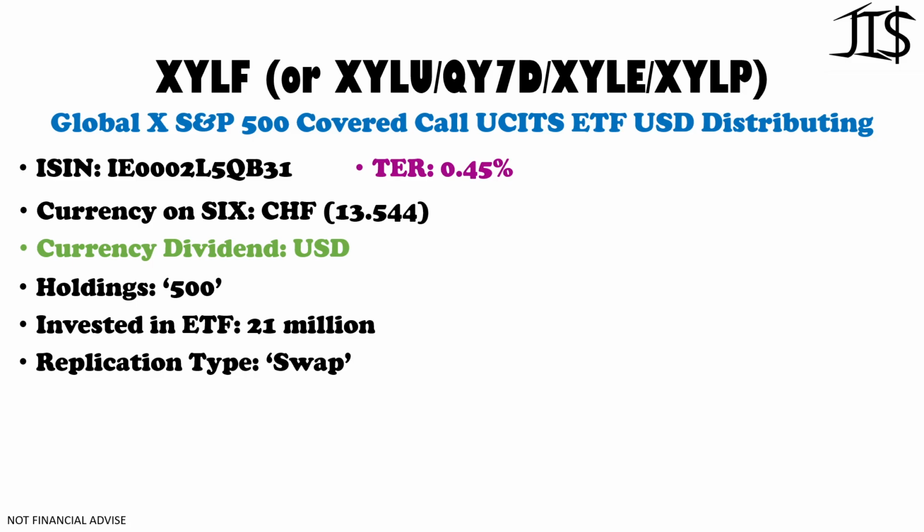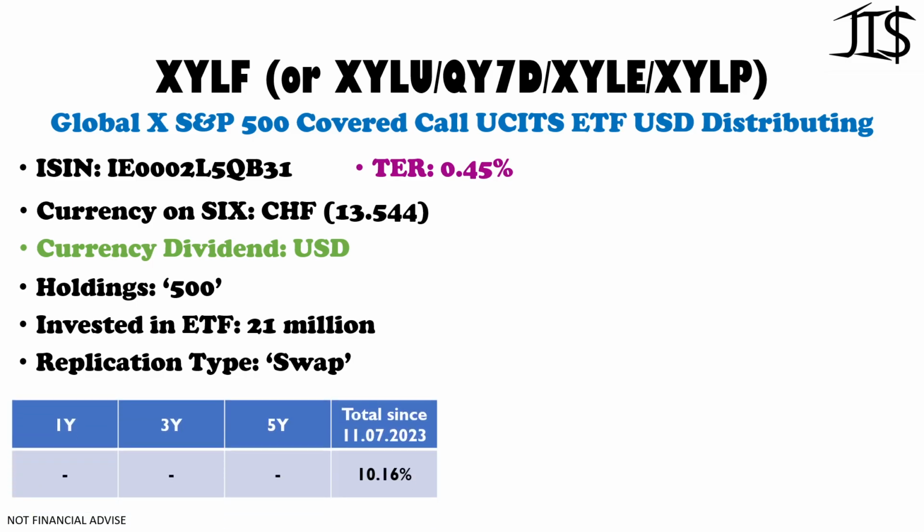I don't think it's completely correct, but for now they are actually a synthetic ETF because they still buy the put option as well to cover the calls. And since its inception, it's up 10.16%.